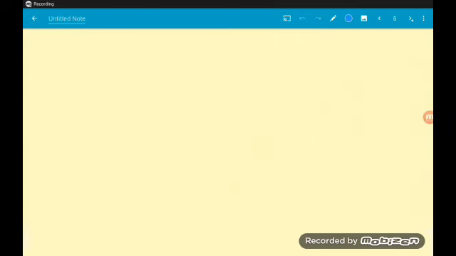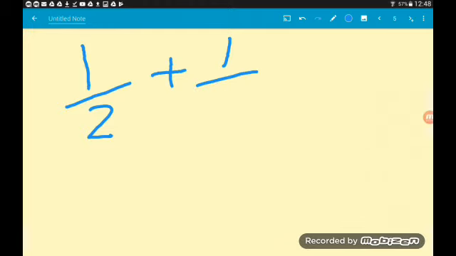Okay, so far really we've seen how much we can do just by using multiplication and division. What about now if we go to adding and subtracting fractions? So let's say we want to work out 1/2 add 1/3. So one way that we can do this is by using common denominators.